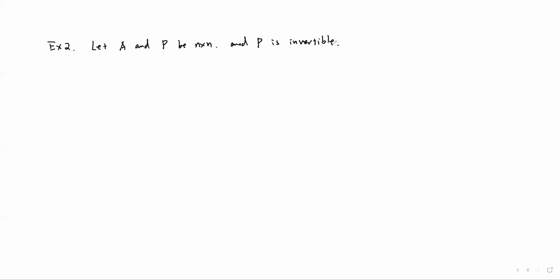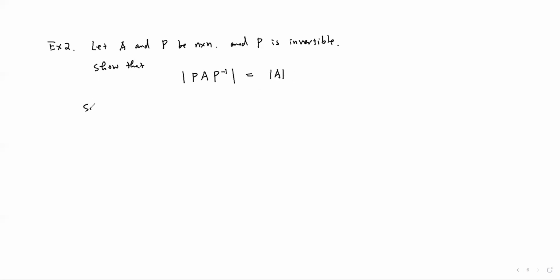Then the determinant of P times A times P inverse, where I assume P has an inverse, is equal to the determinant of A. How to see this equation?